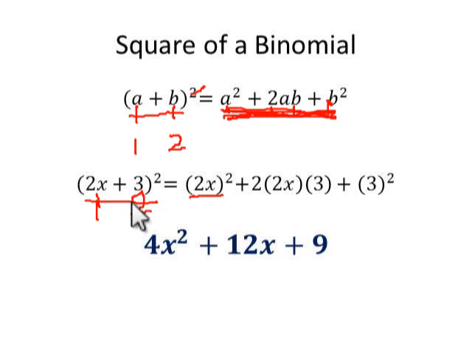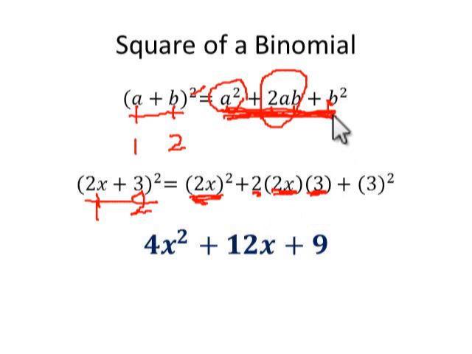Ang first term natin dito ay 2x. So, in-square natin yung 2x. Ang susunod natin gagawin ay 2 times the first term times the second term. So, we have here 2 times 2x times 3.